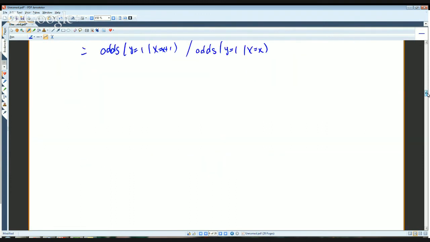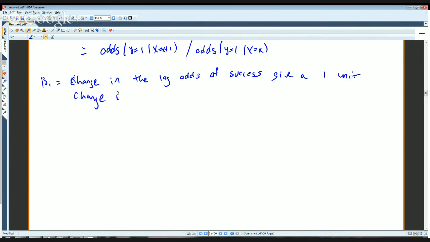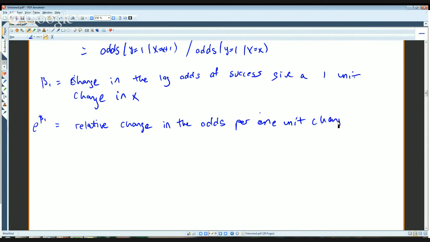Whereas beta 1 is the change in the log odds of success given a 1 unit change in x, e to the beta 1 is the relative change in the odds, not the log odds, in the odds per 1 unit change in x.